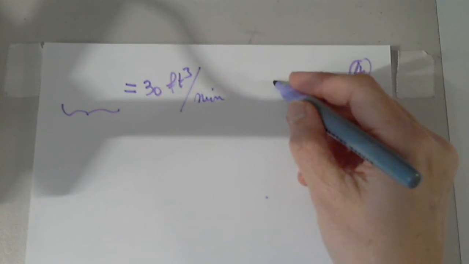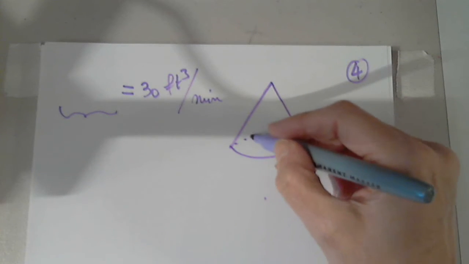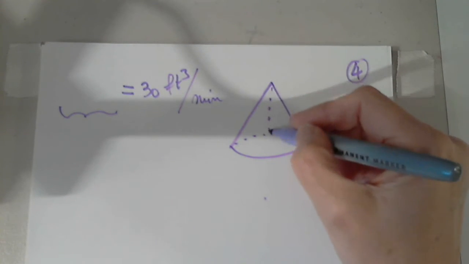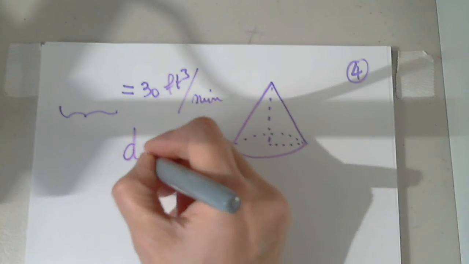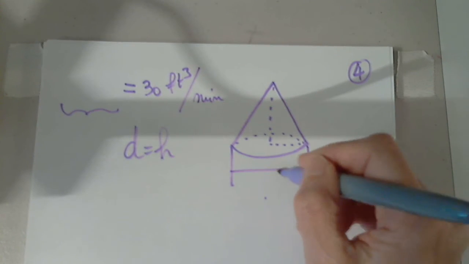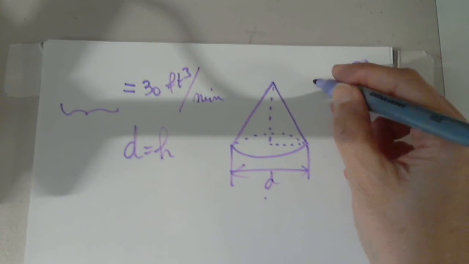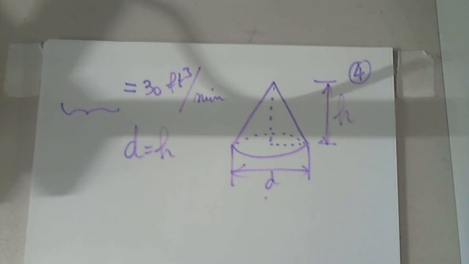It forms a pile of a cone, and the diameter and the height are always equal. Here is the diameter of the cone and here's the height of the cone. At any point in time, they are equal.